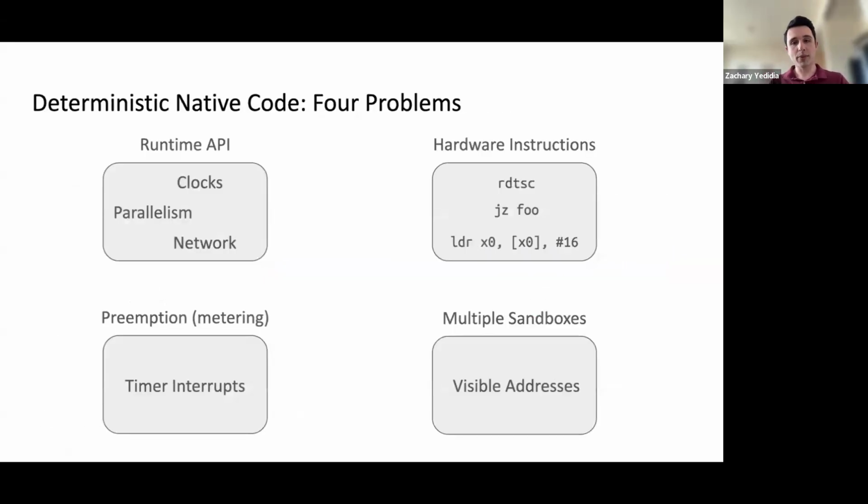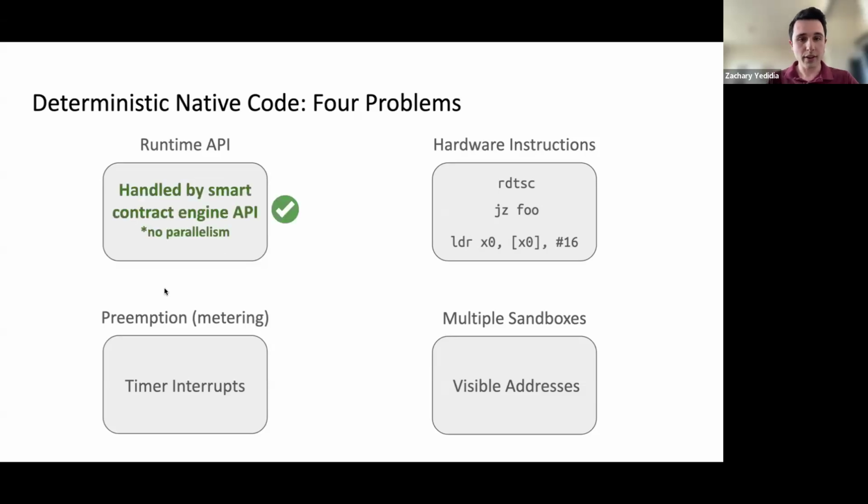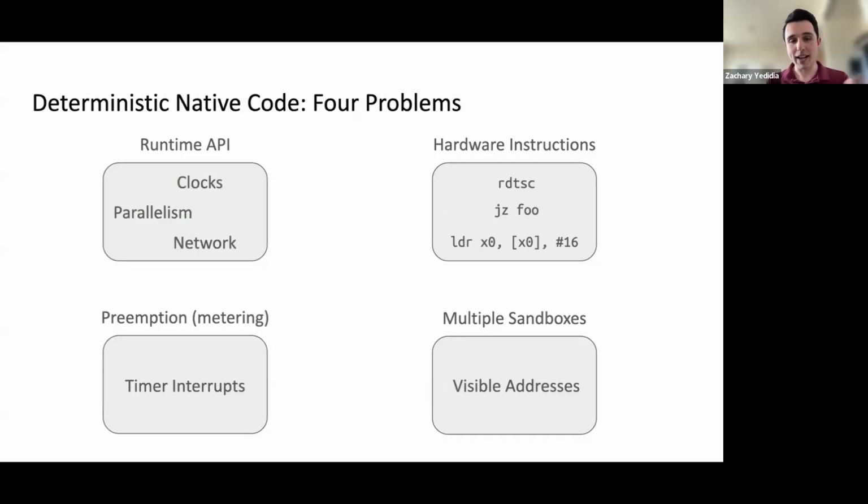So there are four main problems that come up when you try to run machine code that comes out of LLVM in a smart contract and try to enforce the properties of isolation, preemption, and determinism on those programs. These are the four categories I've laid out here. The first category, the runtime API: in a normal program, it can access the system clock and all sorts of things. We're going to say this is handled for us.